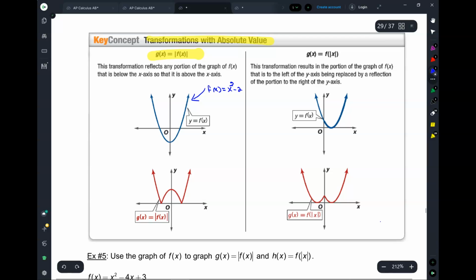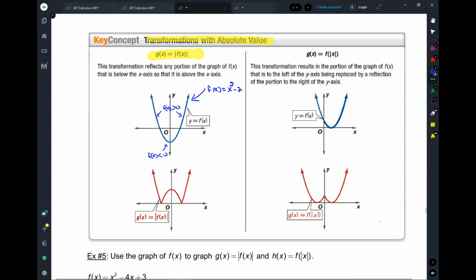Okay, now, do you see how some parts of the graph are positive because they're above the x-axis. Some parts of the graph are negative because they're below the x-axis. So here and here, f of x is greater than 0. Here, f of x is less than 0.